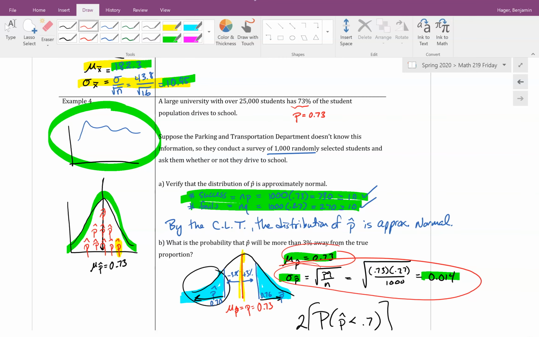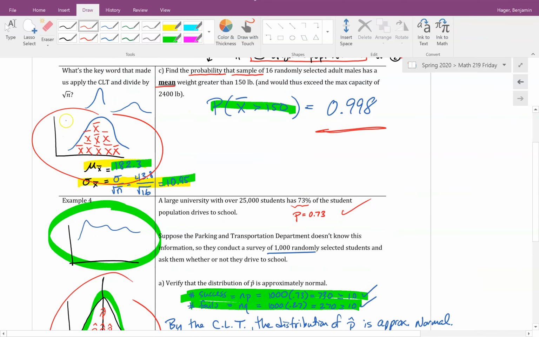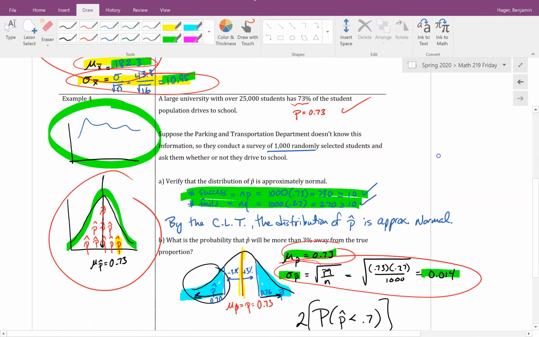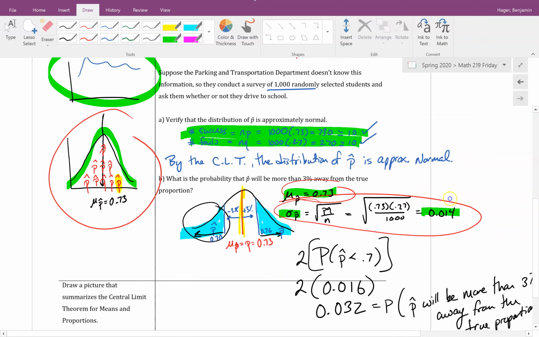That is what all of these homework questions are doing in some way or another. They're giving you a scenario and having you investigate the distribution of sample proportions or sample means. And again, the two things are make sure you can verify that it's normal. Does it meet the requirements to be normal? And can you find those two things? Because you'll need that to calculate the probability. So that's what 7.1 is all about.